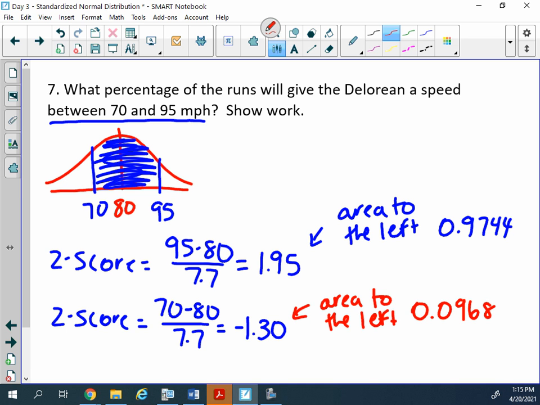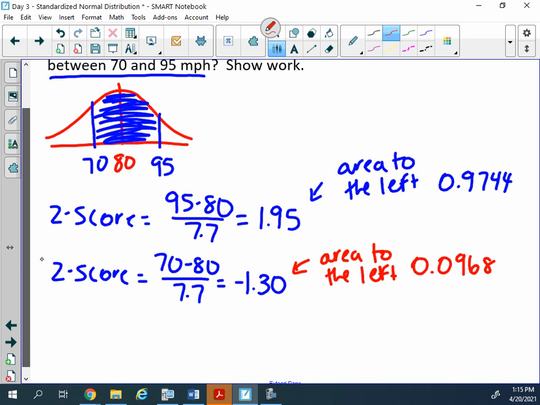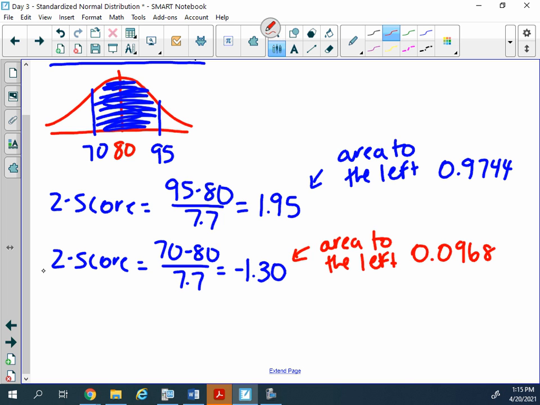Now, in order to find the middle, what we're going to do is subtract the two values. Because if you subtract the entire left minus that tidbit left after 70, we will get our in-between. So I'm going to do 0.9744 minus 0.0968. Now we also know our percentage has to be positive.